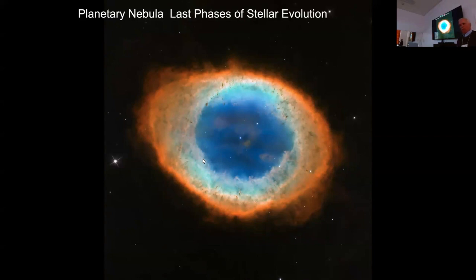It formed in early stars long, long ago, which went through their stellar evolution cycle and put this material back into the interstellar medium, where it was now available to form a new star, which was the sun 4.5 billion years ago.